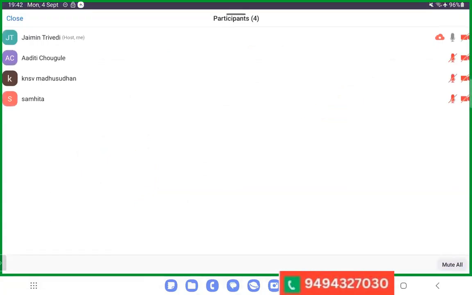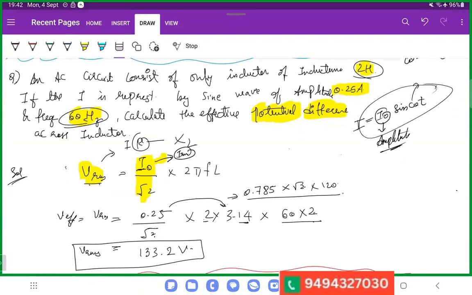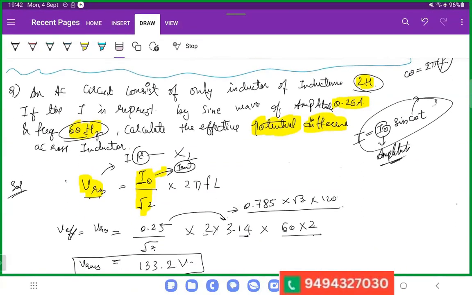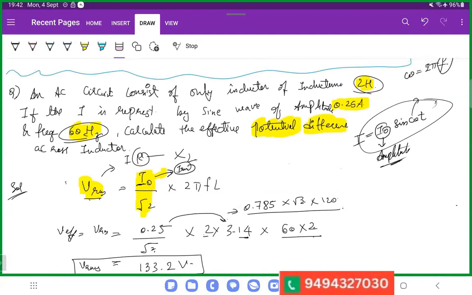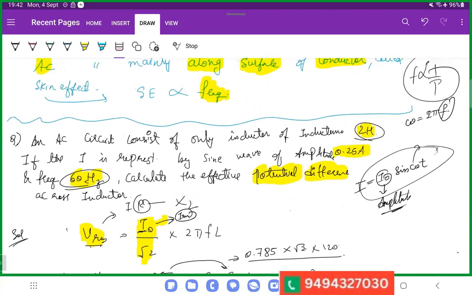Aditi? Yes. Samhita? Yes, sir, done. What about Madhusudan? Not done, sir. Don't see the answer, just do your calculation by yourself.